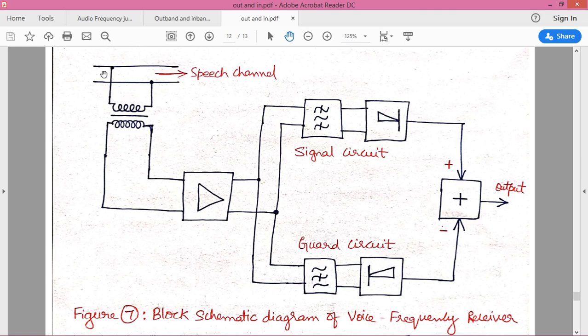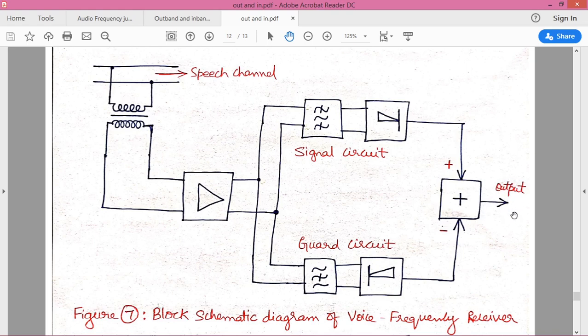Similarly, let us say the control signal is also there along with the carrier as well as the speech signal. So that control signal will be passed by this band pass filter, and in such case there exists some signal circuit voltage. If there exists signal circuit voltage, in that case the comparator will not produce any output.